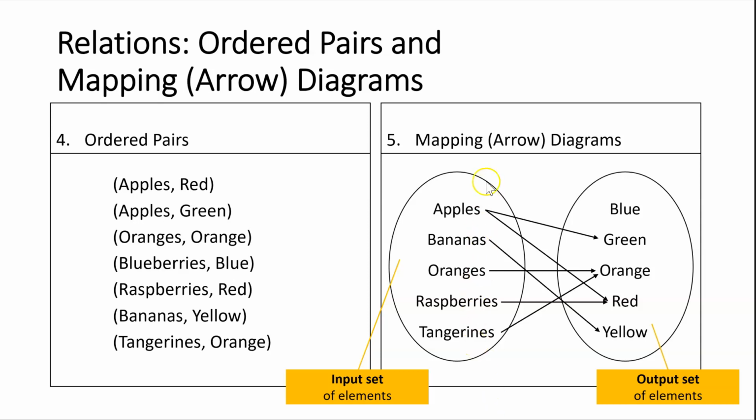They go from that input side and point to the corresponding variable on the output side. They don't switch back. So we're not pointing the arrow from red to apples, for instance. We point it from apples to red. It's always input that will determine the output.